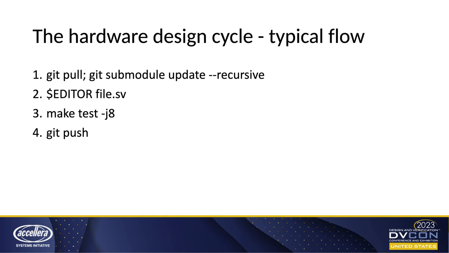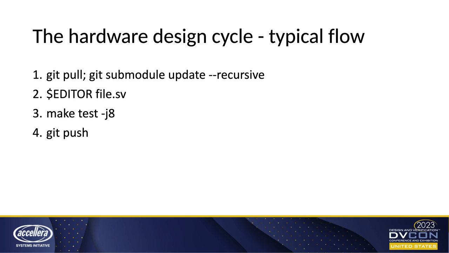And here I've shown how this cycle is typically implemented. Git is one of the most popular version control systems nowadays, and so you would do a git pull, and if you have external dependencies, maybe a git submodule update to get those as well. Then you edit your file with your favorite editor, which editor you should choose is outside the scope of this presentation. And then makefiles are by far the most common way to build and run tests.